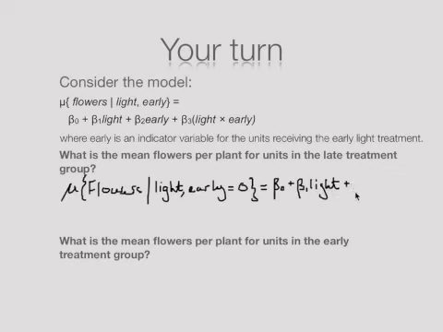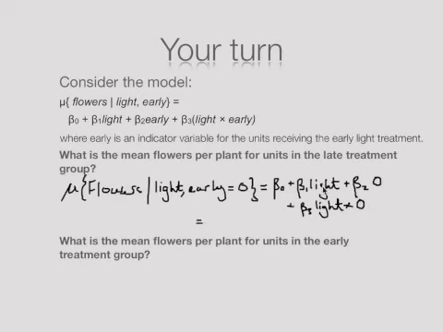Plus beta 2 times early. We know the early indicator variable in this case takes the value 0. Plus beta 3 times light. Again, we don't have any specific value for that. Times the early indicator variable, and again that takes the value 0.